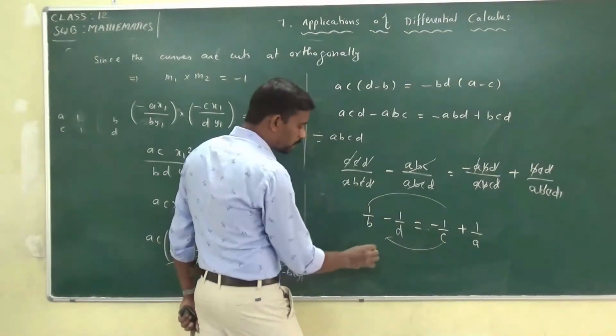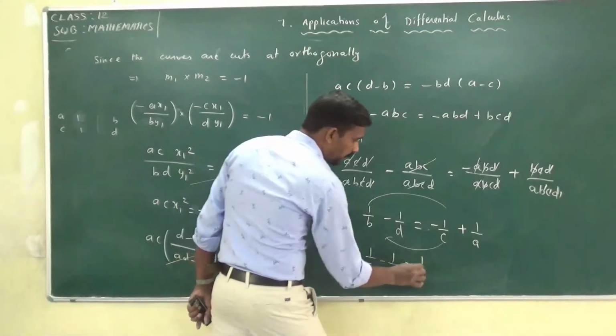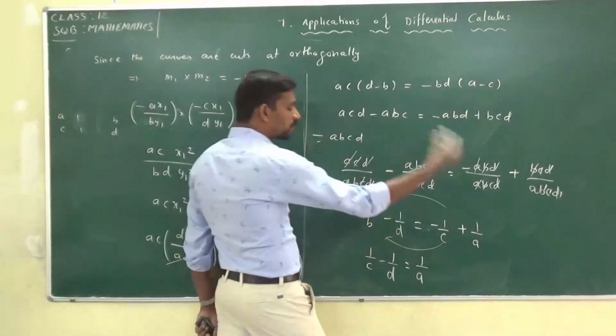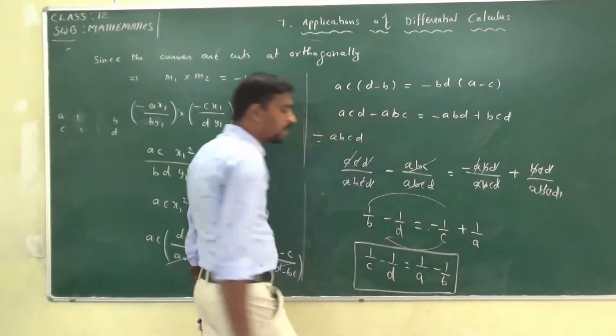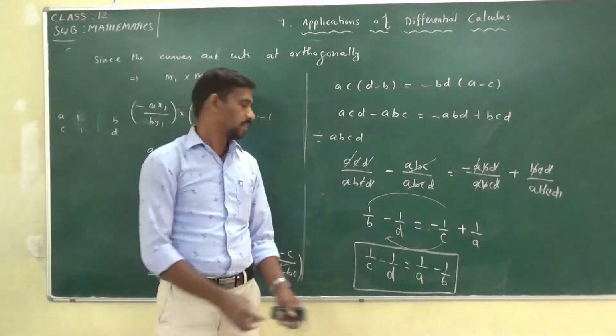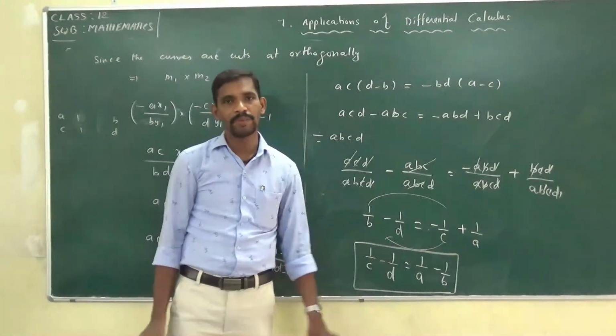Minus 1 by C comes to this side, plus 1 by C. So 1 by C minus 1 by D is equal to 1 by A, and plus 1 by D goes to that side, minus 1 by B. So this is the required solution. Okay, 1 by C minus 1 by D is equal to 1 by A minus 1 by B. Okay, thank you.